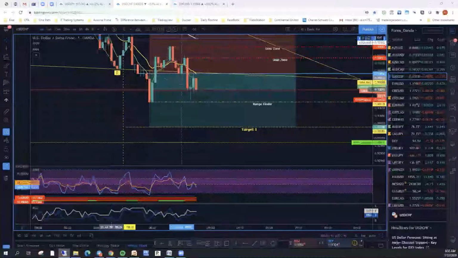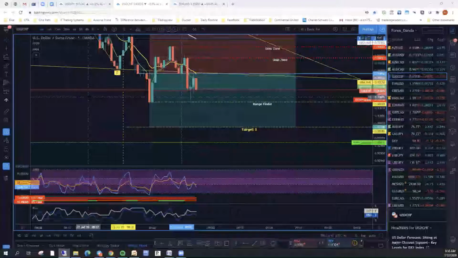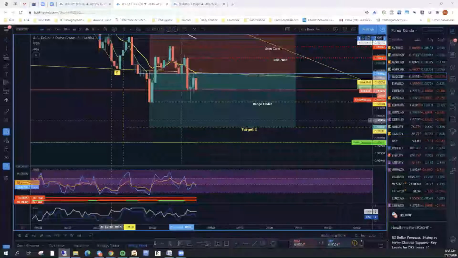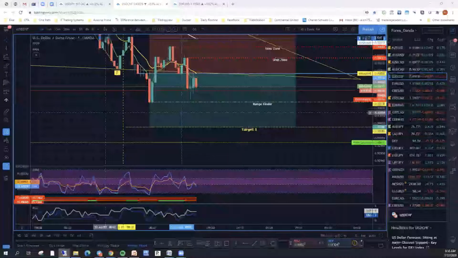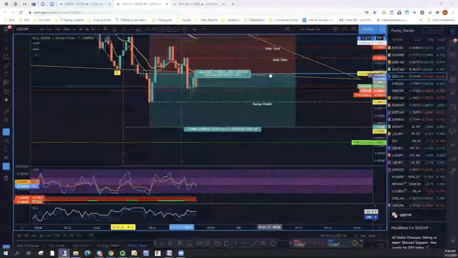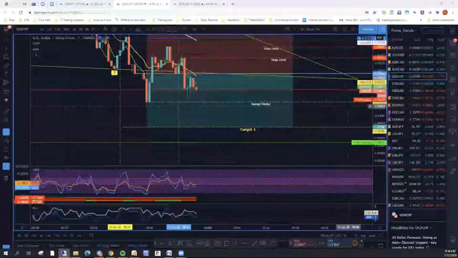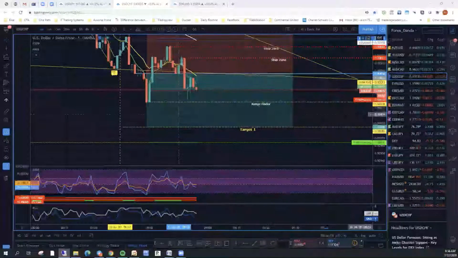It seems like it's still... No, I wouldn't say it does either. It still looks like it has room to the downside. All the moving averages are in alignment.